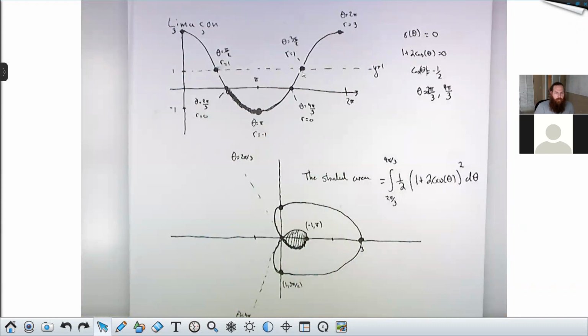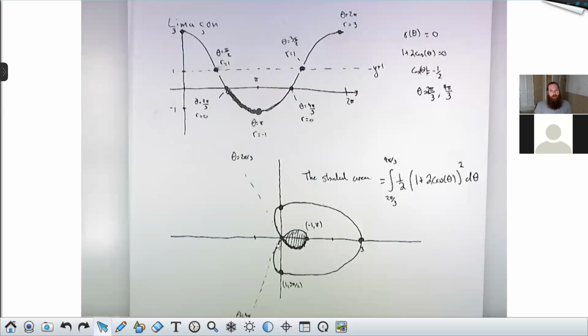How do we find the bounds? You mean the bounds? Yeah, okay.